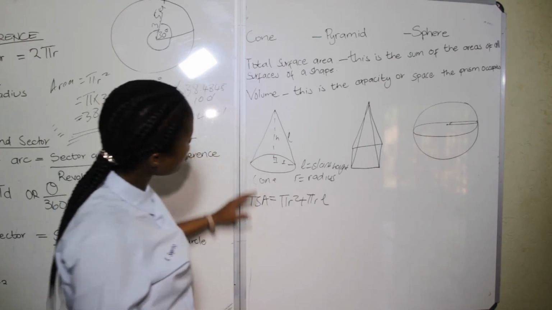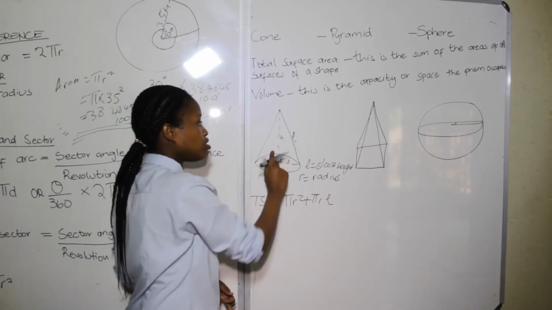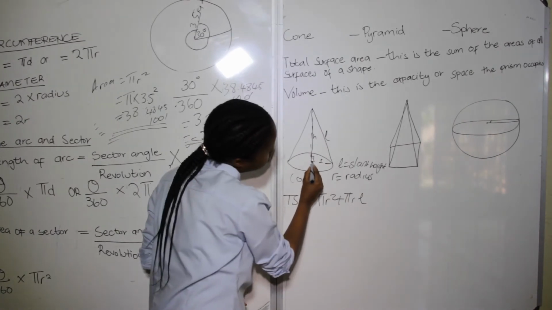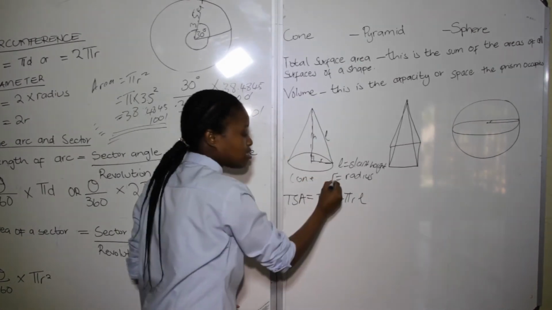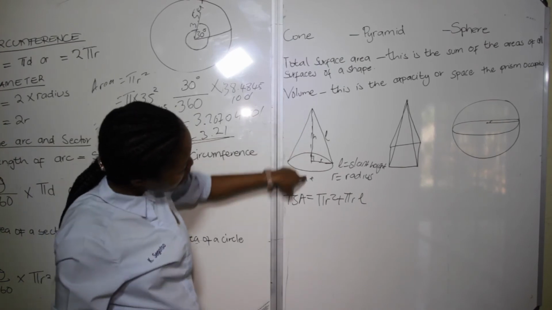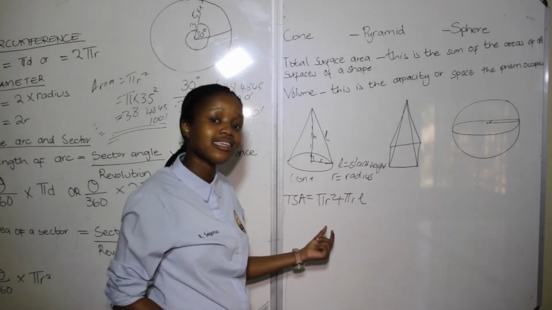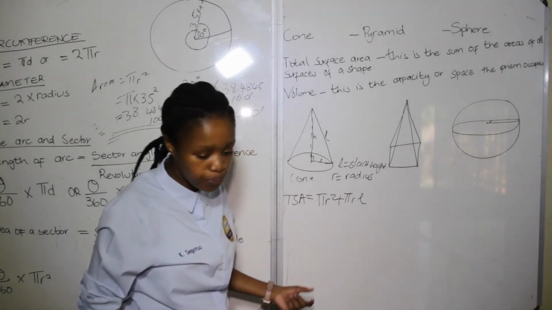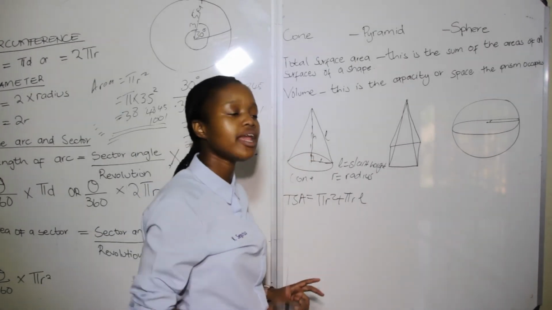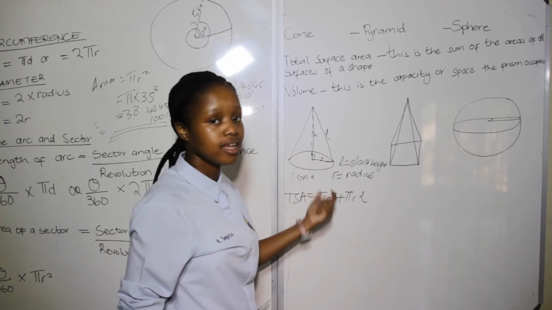So as you can already see, this is my height, this is my radius, and this is my slant height. Right? So my height here and my radius, you see, when they join, they make a right angle. So the Pythagoras Theorem that we're going to learn maybe in our last lesson also can be used to calculate this.